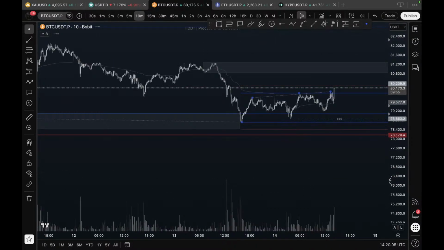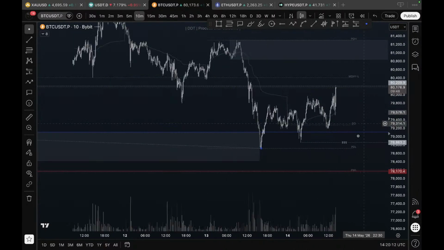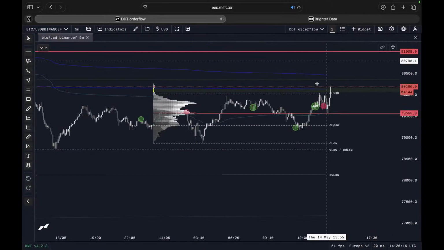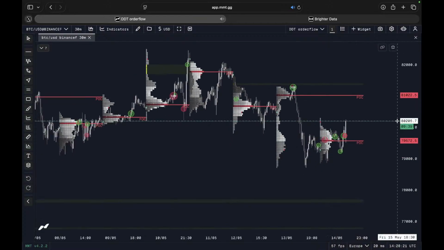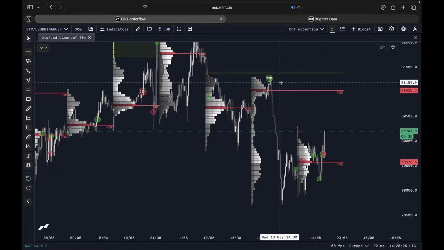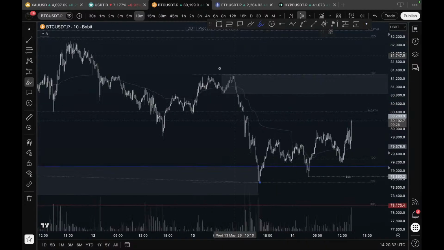Let's look locally, because I'm glad we did not take the short and adapted to what the market gave. The big level is 81k, which we can also see here. So yesterday we pushed higher. Then we had all those aggressive buys with that local model 1 distribution, which was here: 1, 2, 3, break.